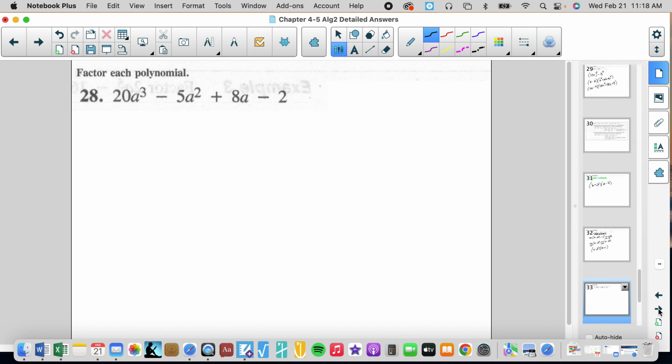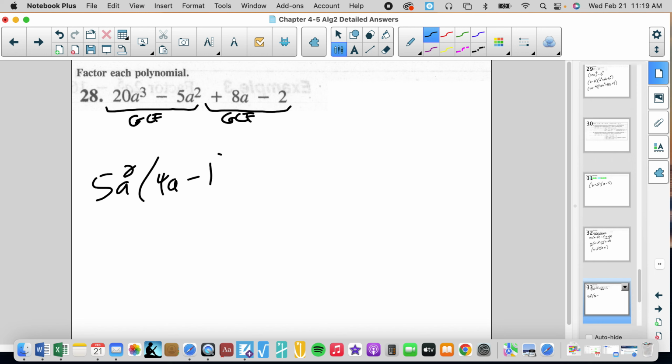Second problem already. All right. GCF, no. This is 4 terms, so we're going to factor by grouping. Is there a GCF in these two? We can take out a 5a squared, and that leaves us with 4a minus 1.